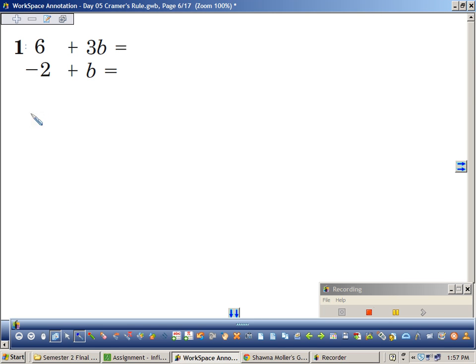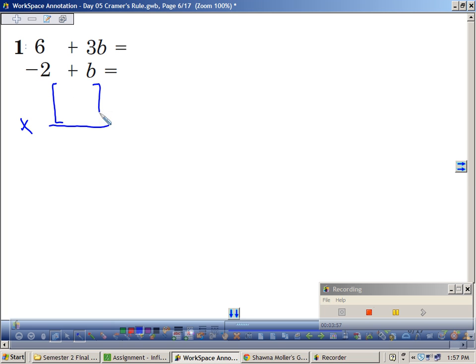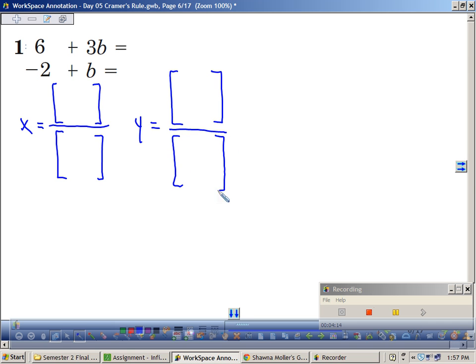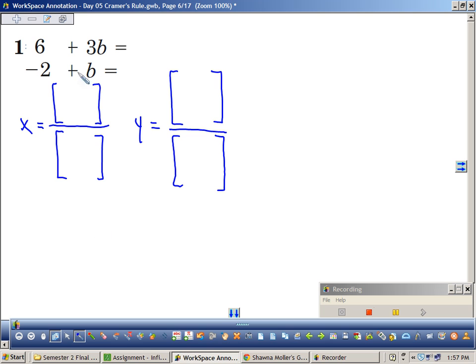If I want to find x, I know it's a fraction with matrices in the numerator and the denominator, and y equals the same.